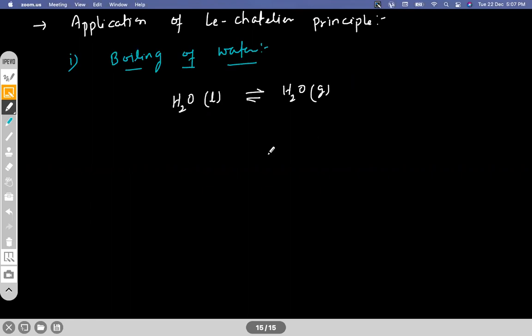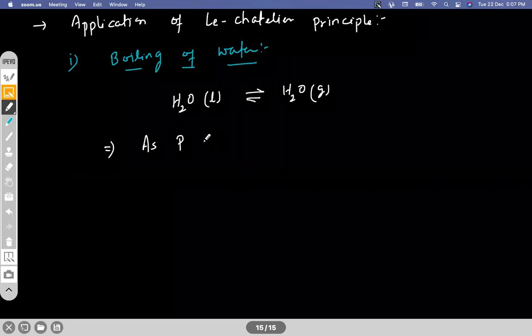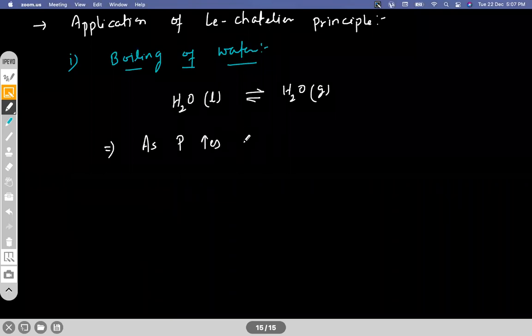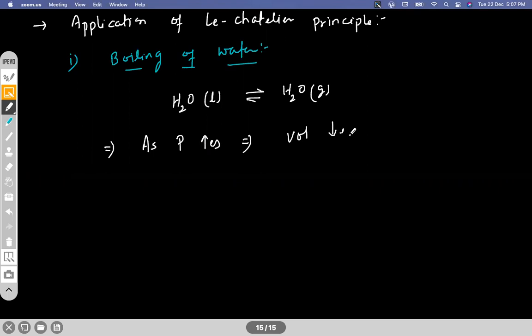Right? So you see what happens. As pressure increases, then what happens? Volume decreases. Then the equilibrium will shift towards the lesser volume according to Le Chatelier's principle.